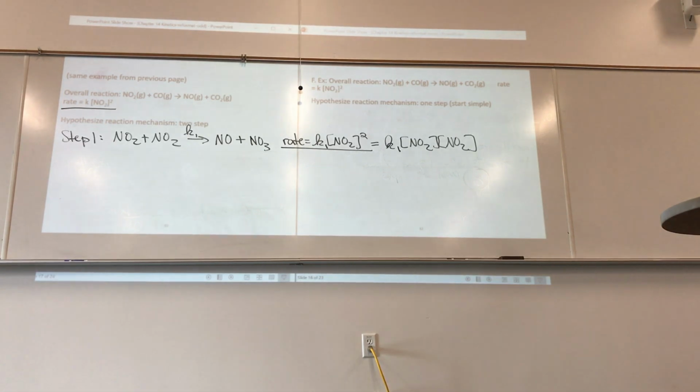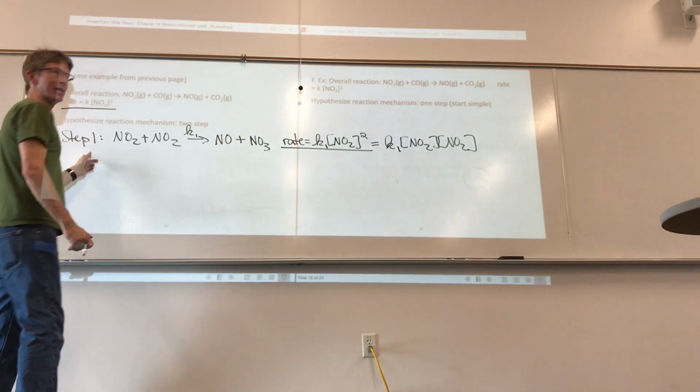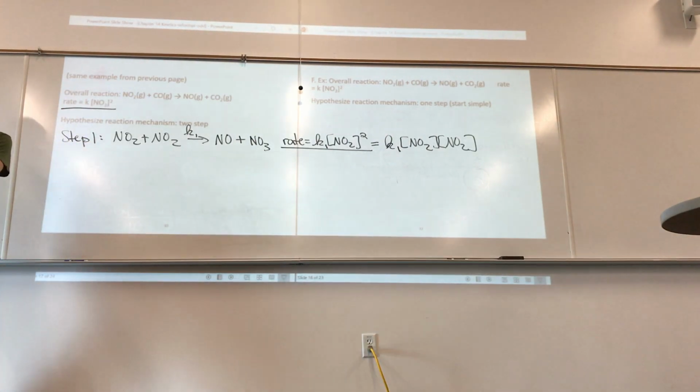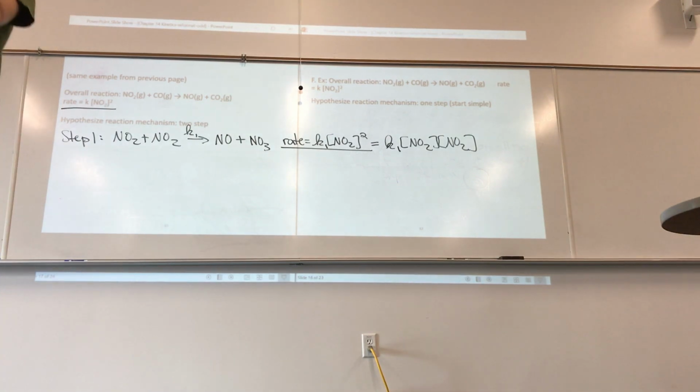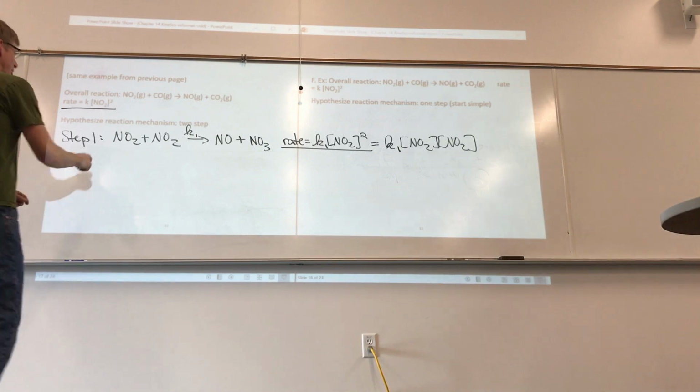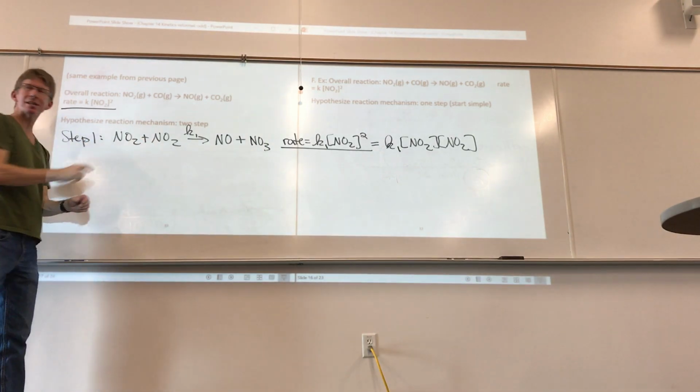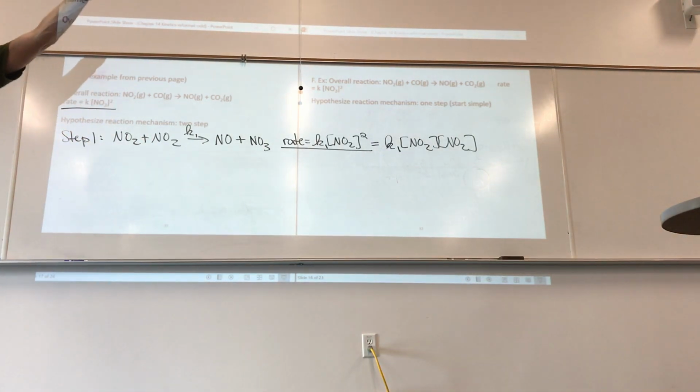Question, why can we relate coefficients to exponents in elementary reaction steps? Good question, because these things are literally happening in our hypothesis. If two things actually collide, we would expect the concentration to influence how it happens.